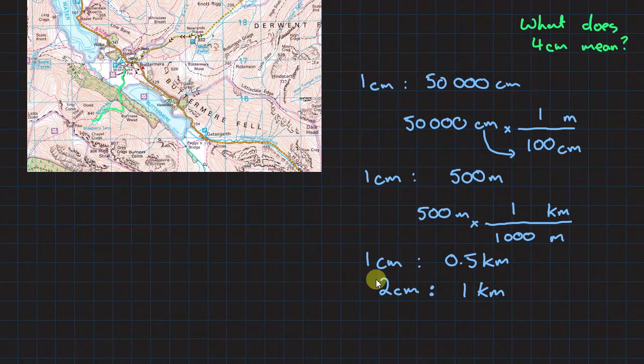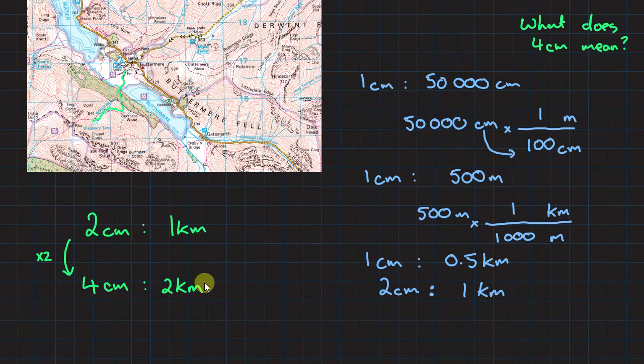So I now know 2 centimetres is 1 kilometre. So now I can actually use that in my question. I know 2 centimetres is 1 kilometre. I want to turn it into 4 centimetres. What do I need to multiply by? 2 times 2. So I know that's 4 centimetres is 2 kilometres.